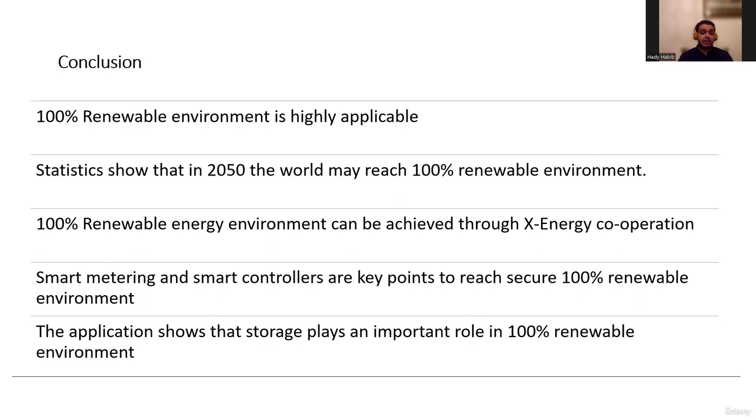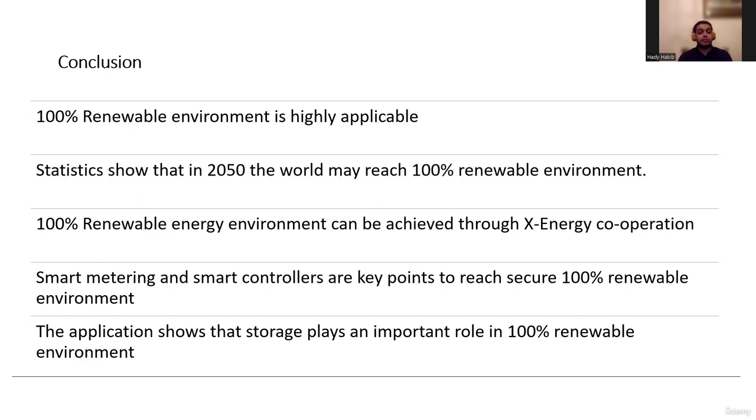In my opinion, if any country will not obey these statistics and this agenda, I think there will be penalties for those countries. 100% renewable energy can be achieved through cooperation with other sectors like agriculture, industry, food, water, because energy only will not be easy to turn all the communities to 100% renewable energy.